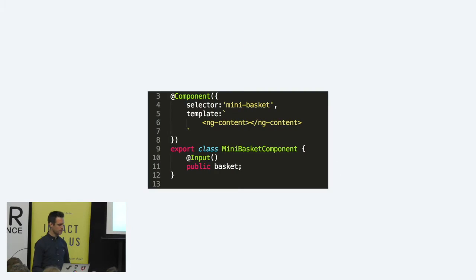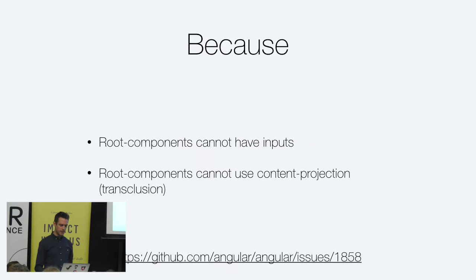Something like a template with ng-content, which is where the transcluded stuff would go, and then an input called basket that would be settings. But again, you can't do that because it turns out that root components can't have inputs, and they can't use content projection. So these two approaches don't work.